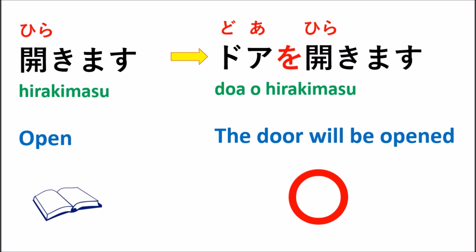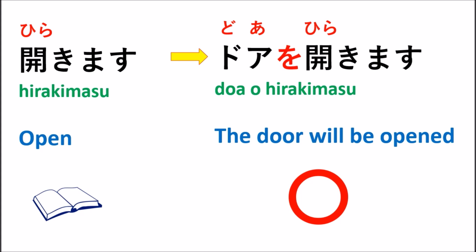But when you use the verb akimasu, you can use only the particle ga. You cannot use the particle o. So this is what you have to remember, and be careful when you use the verb akimasu.